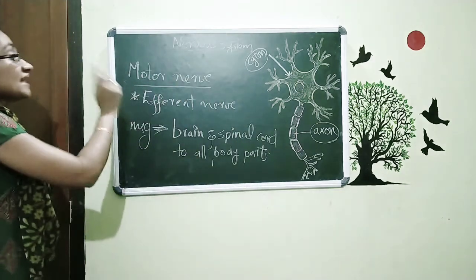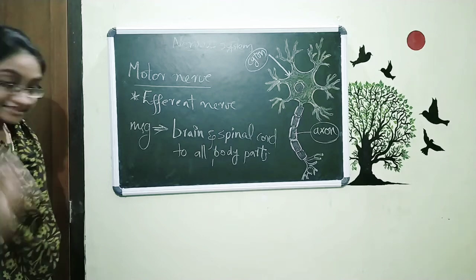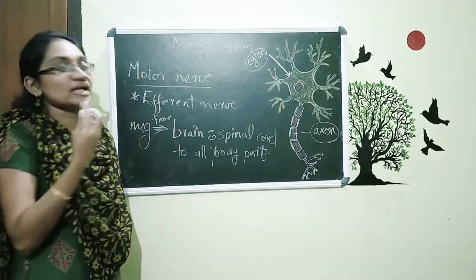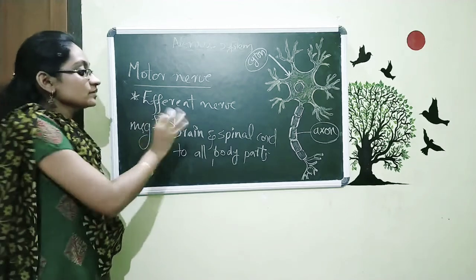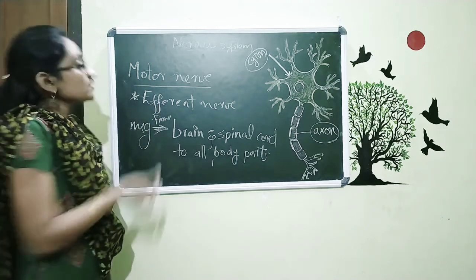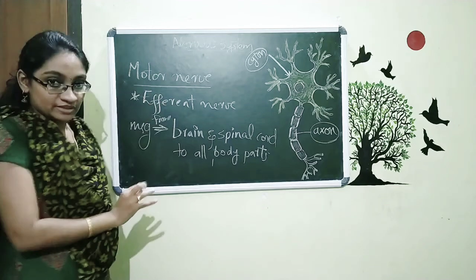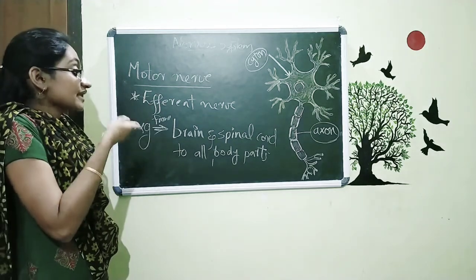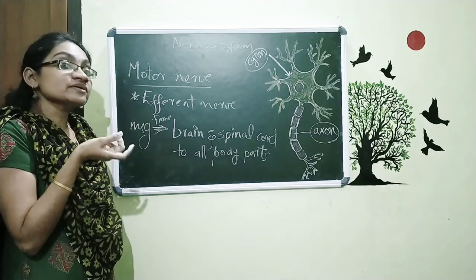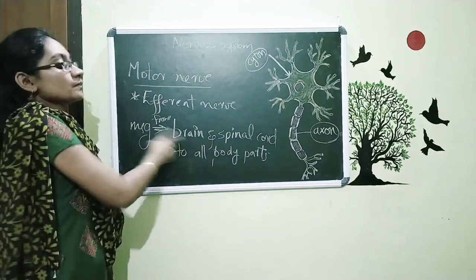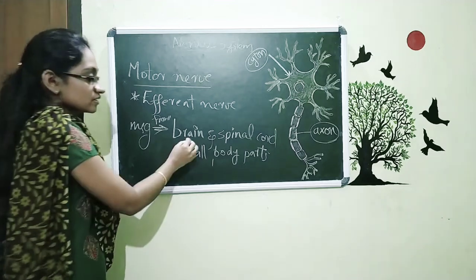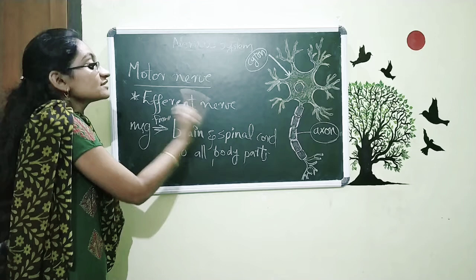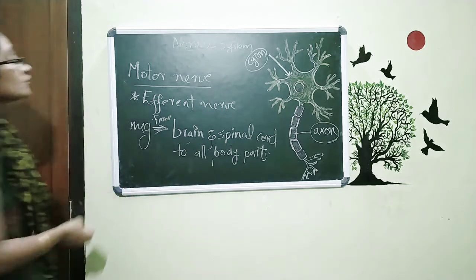That means the motor nerve sends messages from brain to all other body organs. And what about the sensory nerve? It collects from sense organs to brain. That is the difference here. The instructions or the message from brain is given to body parts. That is about motor nerve.